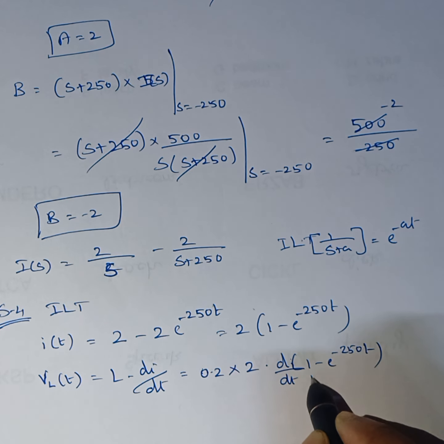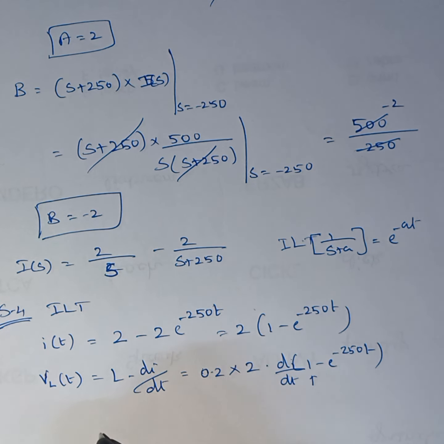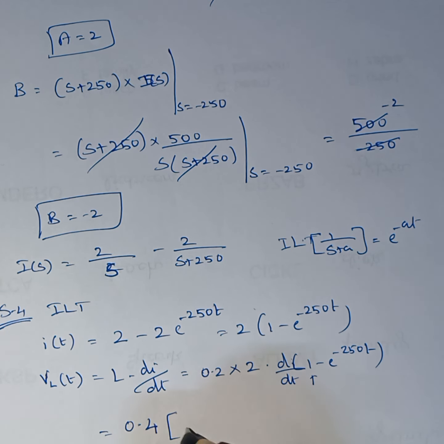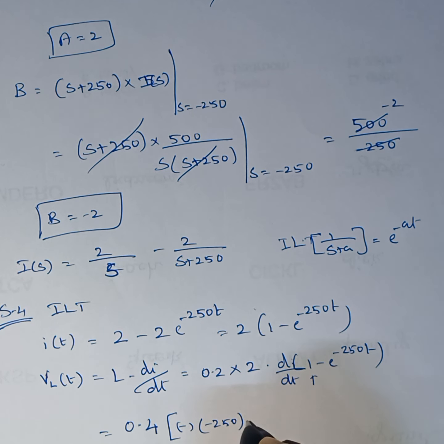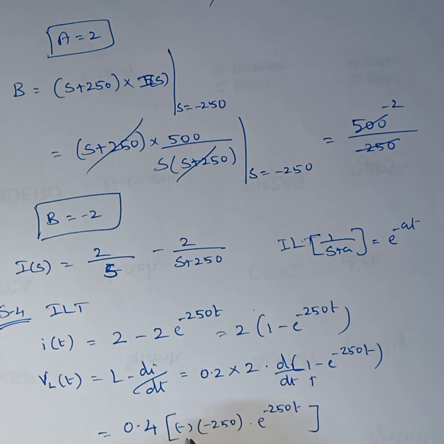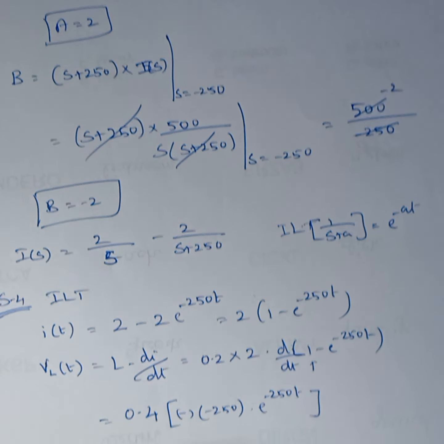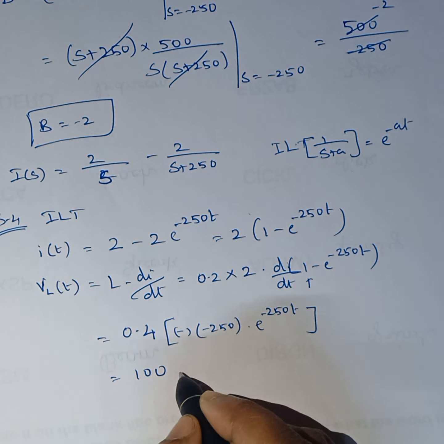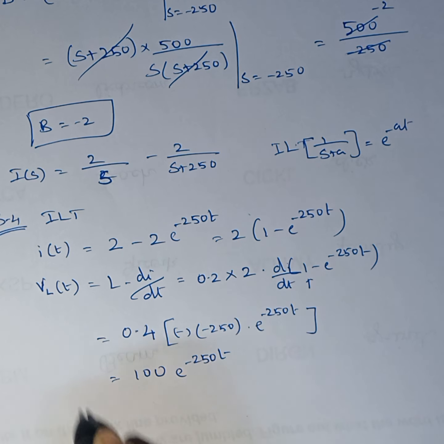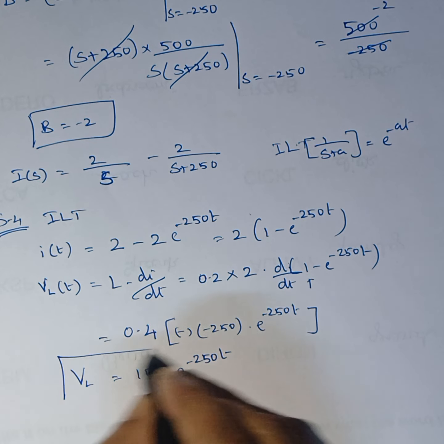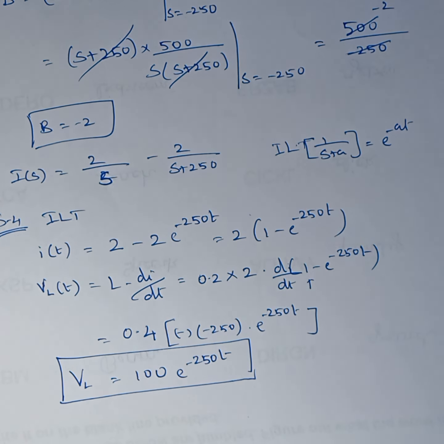If I take the differentiation, the constant becomes 0, so the remaining is 2 into 0.2, which is 0.4, multiplied by the derivative of e power of minus 250t, giving minus 250. So minus into minus is plus, 250 into 0.4 is 100, and we get 100 e power of minus 250t. This is VL, the voltage across the inductor.